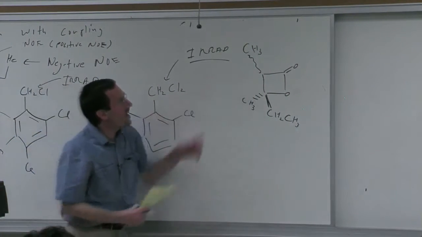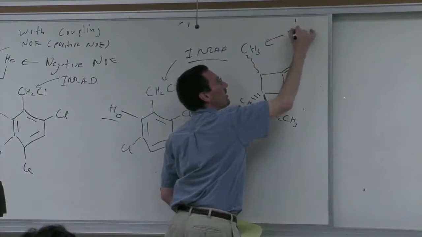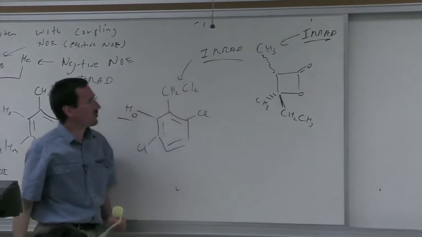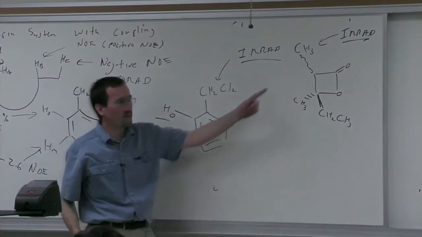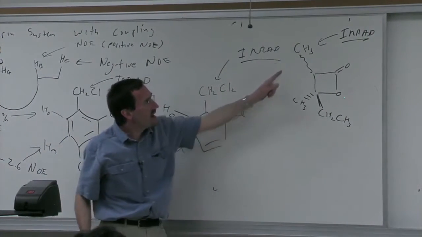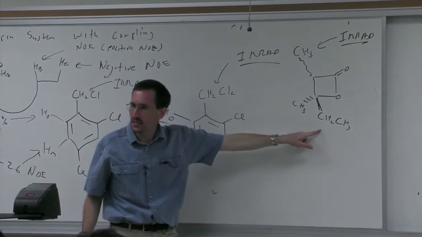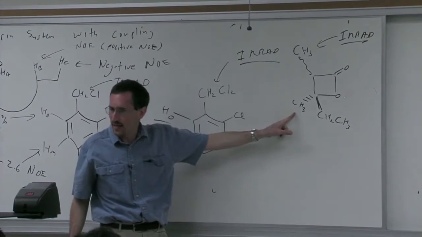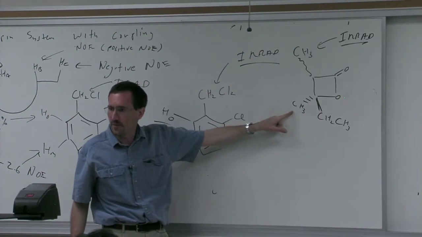You could now imagine that you irradiate this methyl group, that's going to be your methyl doublet, say, and you ask, is it enhancing the CH2 of the ethyl group, or is it enhancing the CH3 singlet of the methyl group?